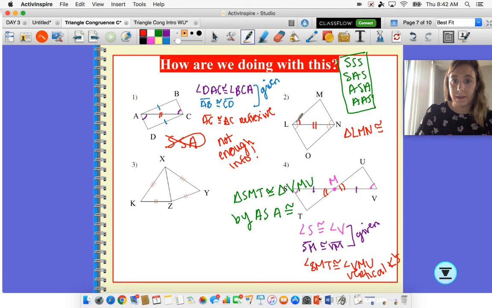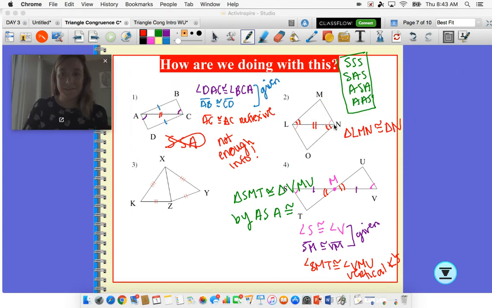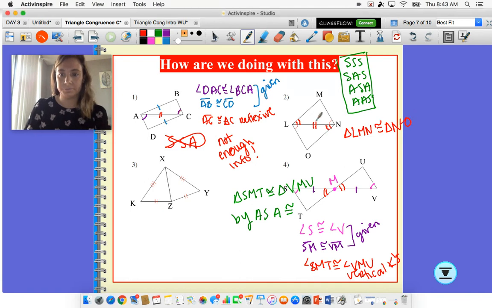L is up here. What does it correspond to? I should be starting with N over here. M, I went up here, so NOL, by two angles and the side between them.